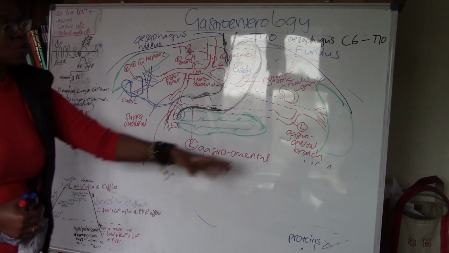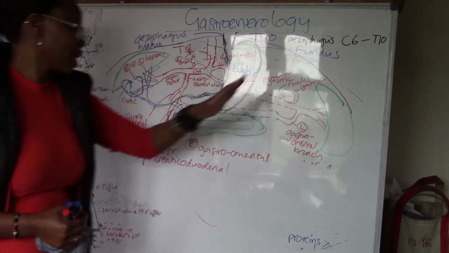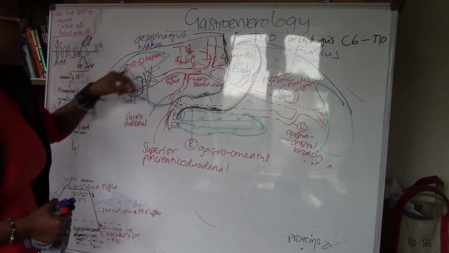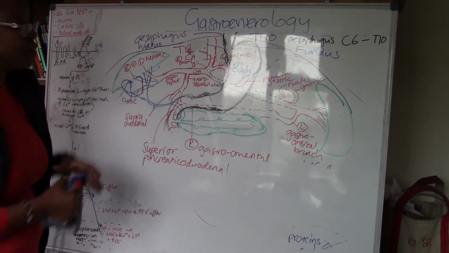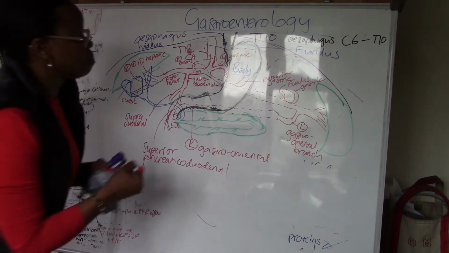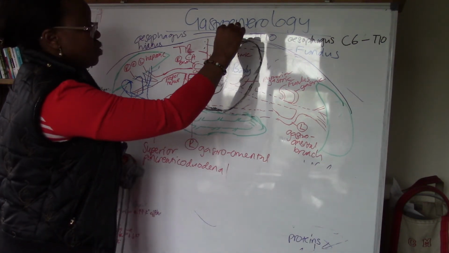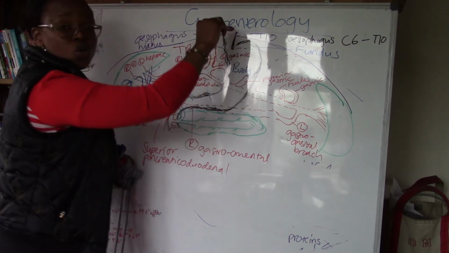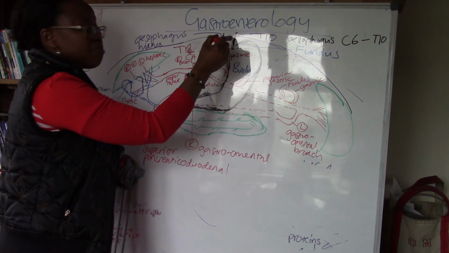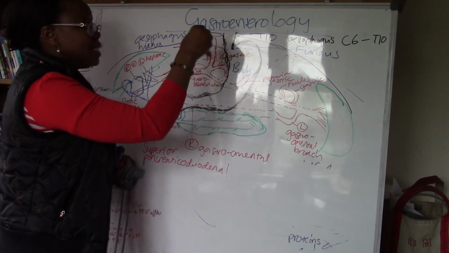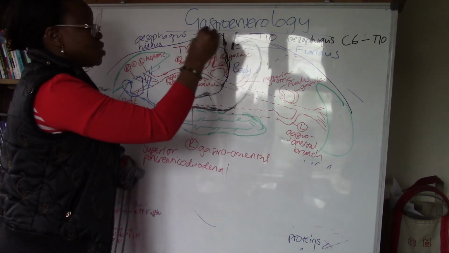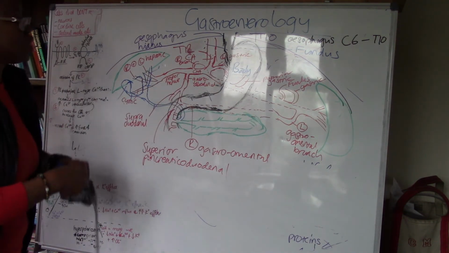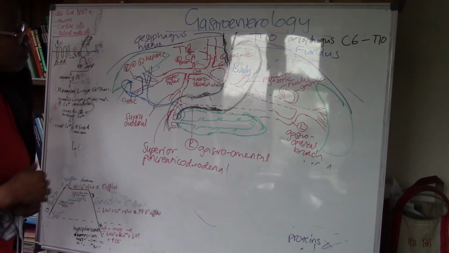And obviously the foregut also includes the spleen, the pancreas, the liver, and from the left gastric we also get branches to the esophagus, and indeed to the diaphragm itself, but I haven't drawn them out.